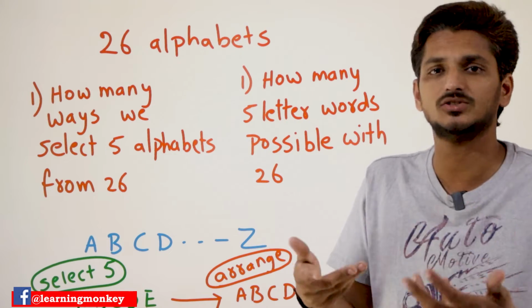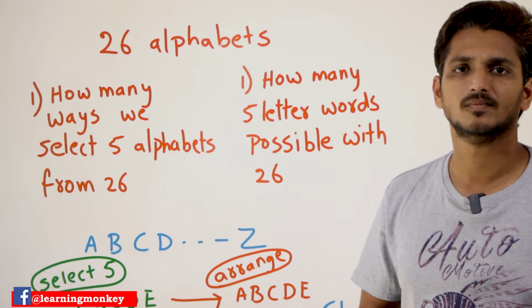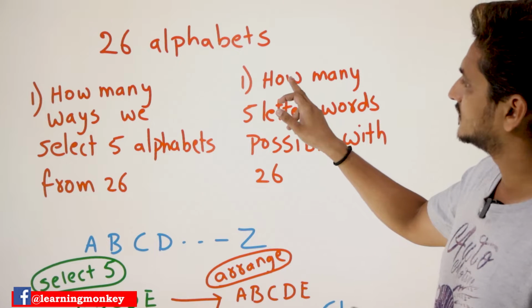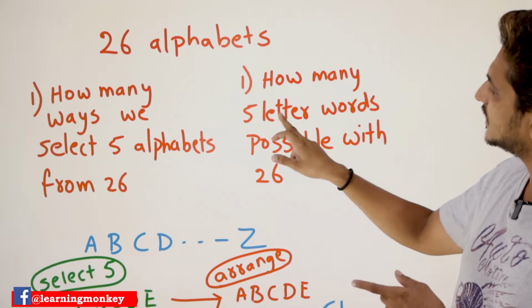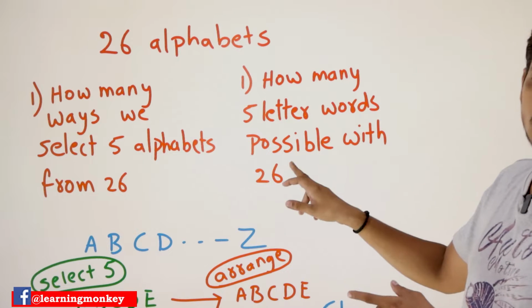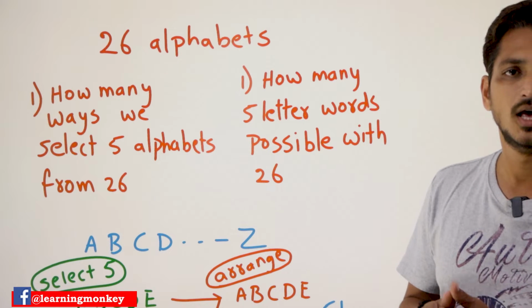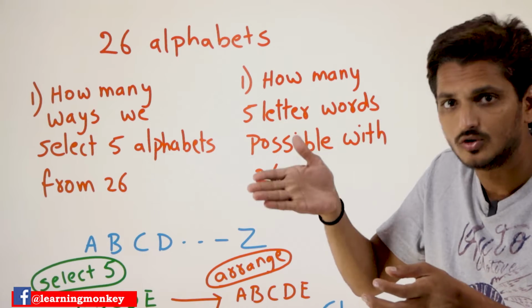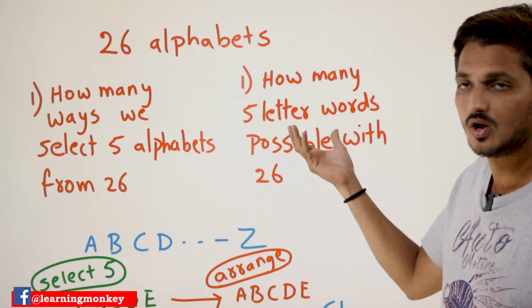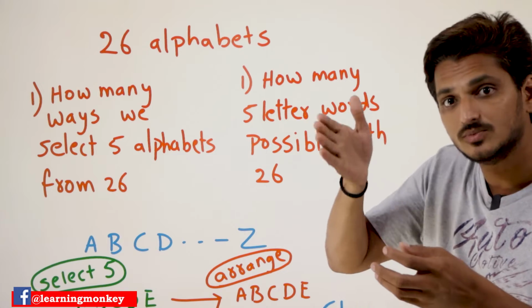That is what selection means. The next question is how many 5-letter words are possible with 26 alphabets? Means how many ways you can arrange 5-letter words. This is what we call permutations, arrangements.